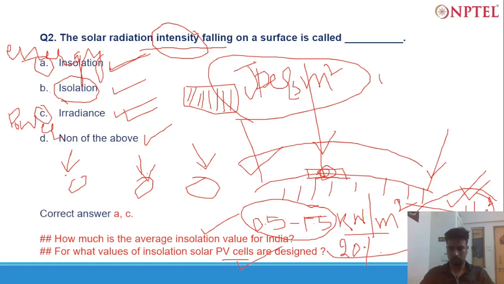Like if some solar cell is giving 25% efficiency, the market is claiming that the company's claimed efficiency is 50%, and some solar cell is giving 20% or 21% efficiency. So how can we compare this? We cannot compare this.